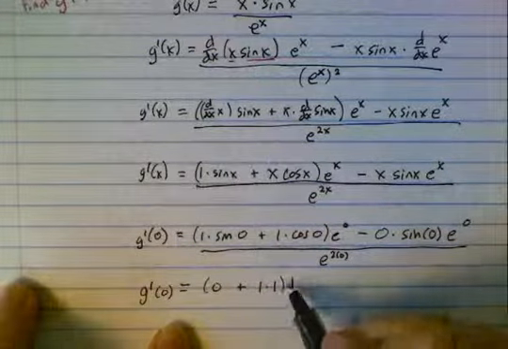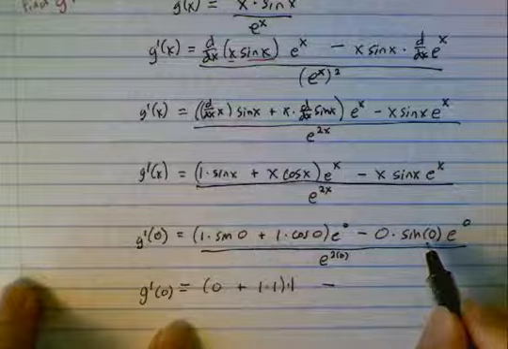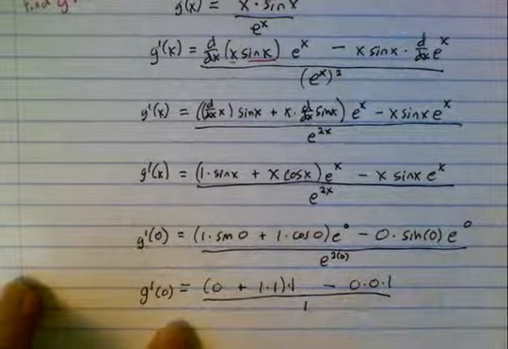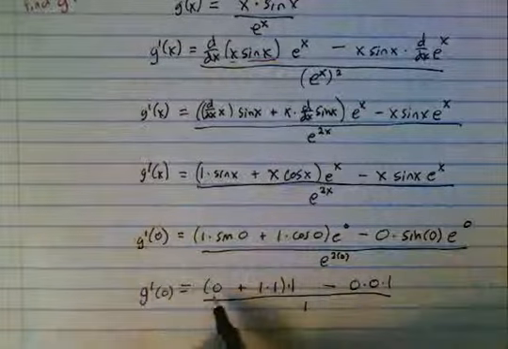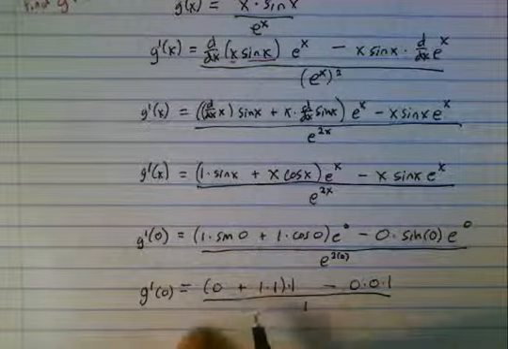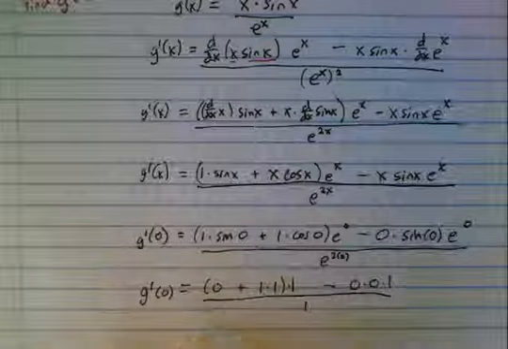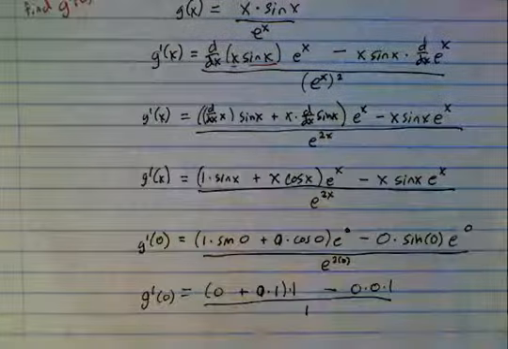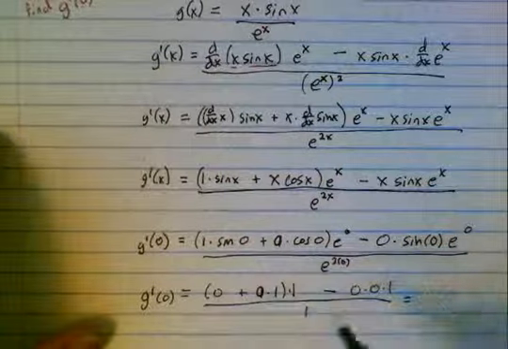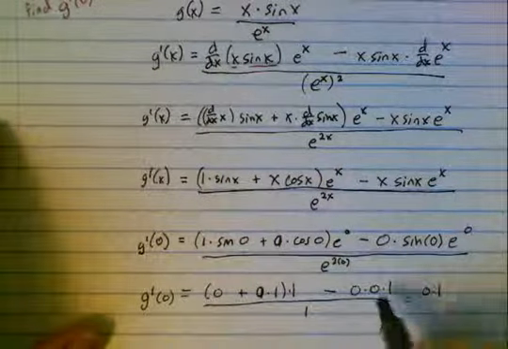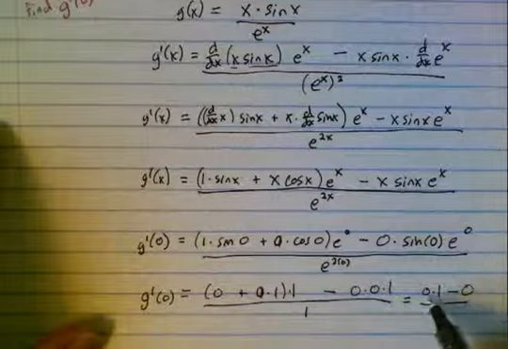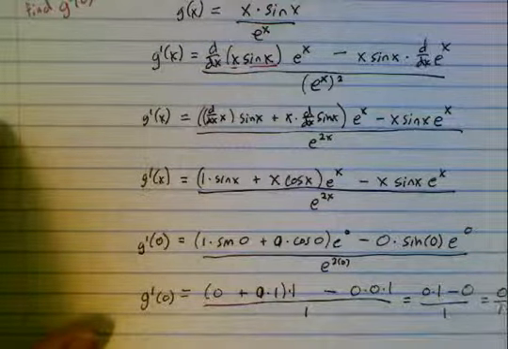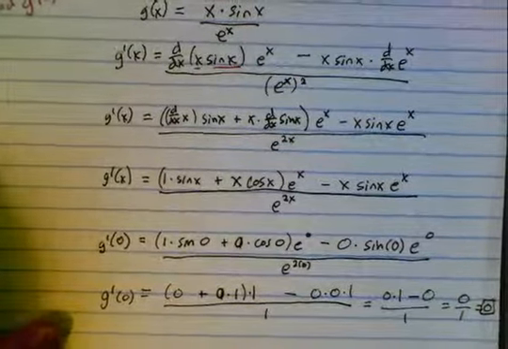E to the 0 is 1. 0 times 1, all over 1. Oops, my bad, x is 0. This should be a 0 right here. So this is going to give us 0 plus 0 is 0 times 1. This all subtracts to be 0 over 1. 0 times 1 is 0. 0 minus 0 is 0. There's 0 for our final answer.